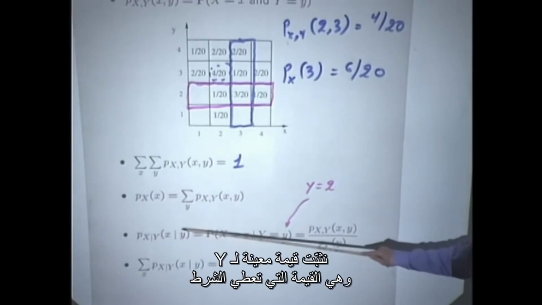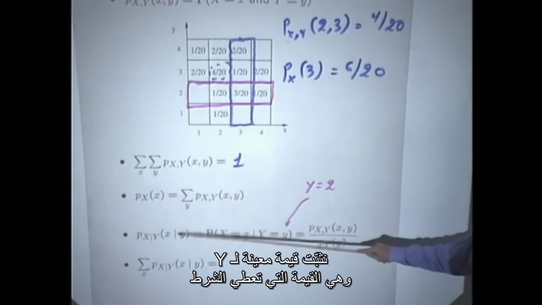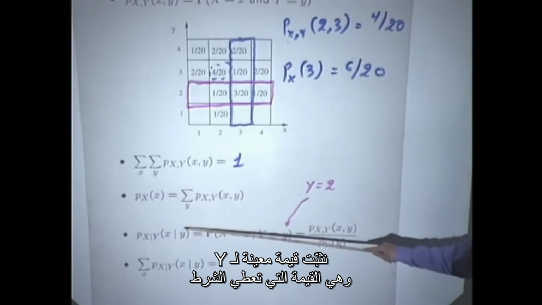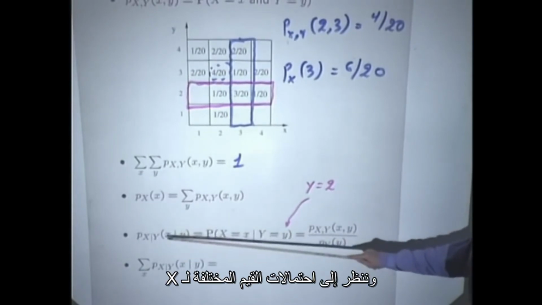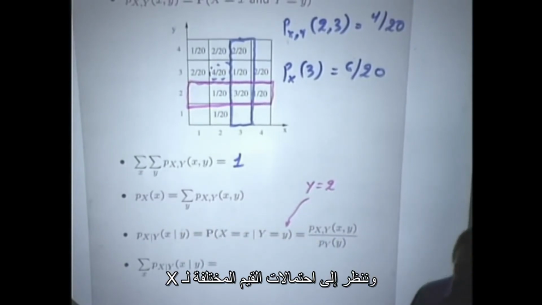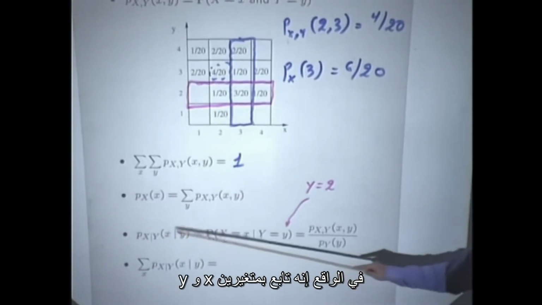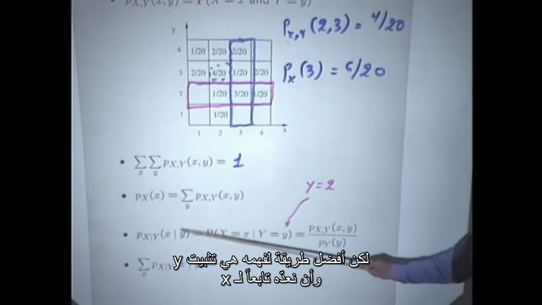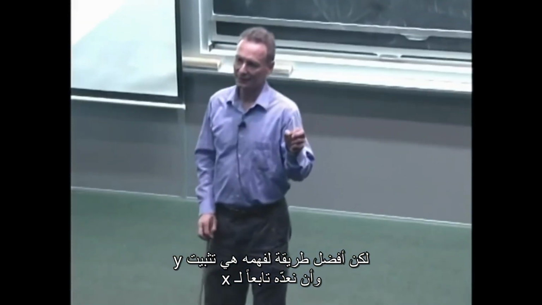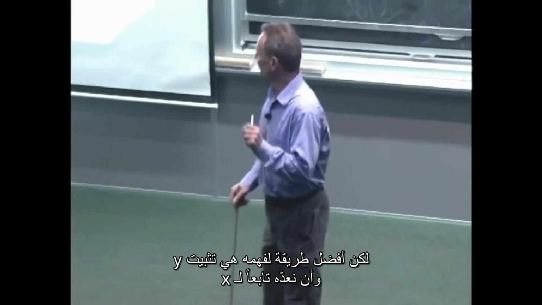We are fixing a particular value of capital Y, that's the value on which we are conditioning, and we're looking at the probabilities of the different x's. So it's really a function of 2 arguments, little x and little y, but the best way to think about it is to fix little y and think of it as a function of x.